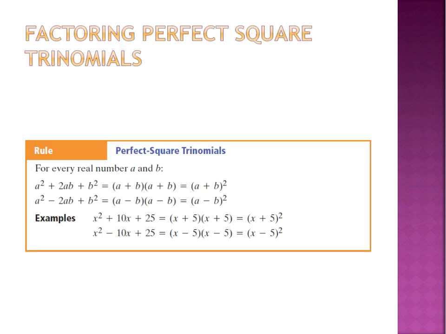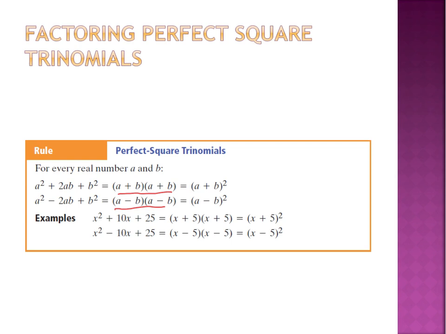If you recall from Lesson 9-4, we actually looked at what perfect square trinomials were. And if you recall, we looked at a plus b times a plus b, and a minus b times a minus b.